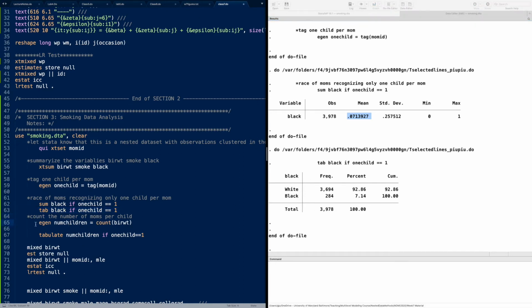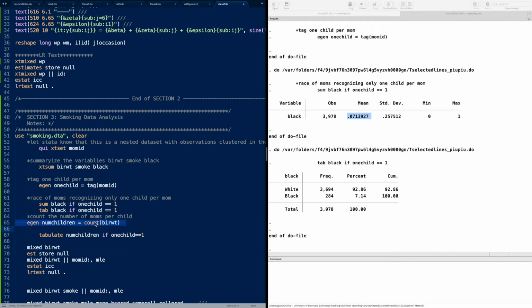If we also wanted something like the number of children per mother, we can count the number of births per mother by estimating this.